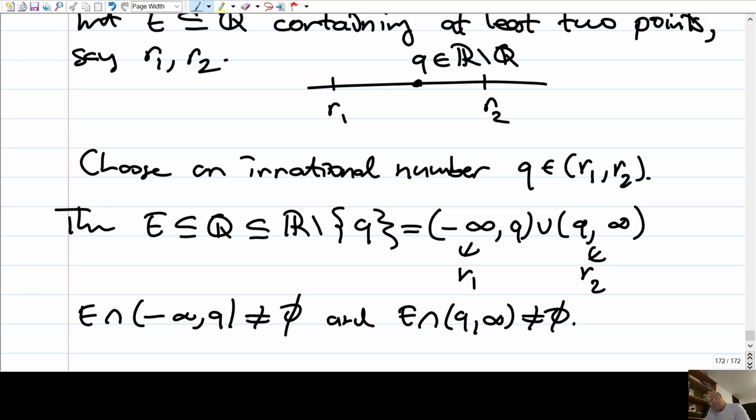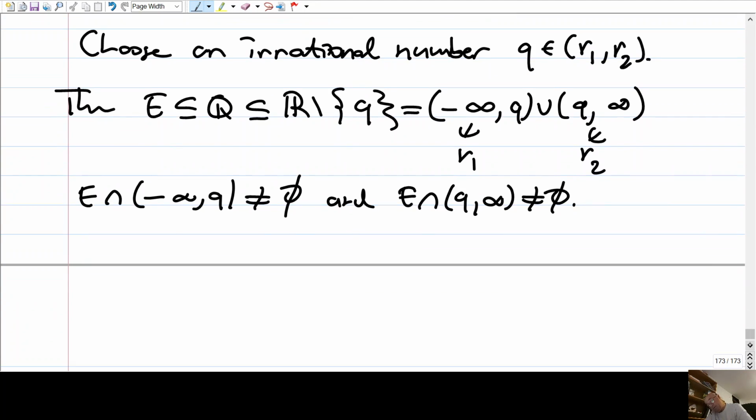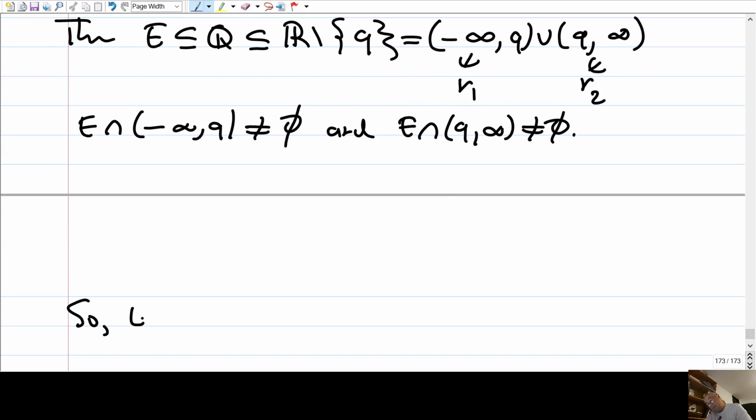So this means that I can find two disjoint open subsets containing E. Their union contains E, and each one has some points from E. This means that E is not connected.